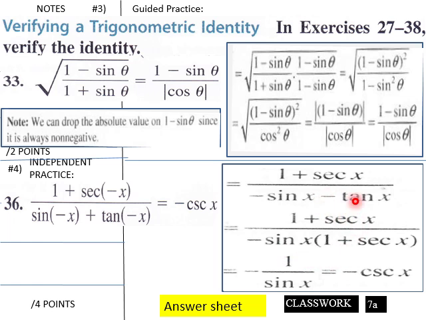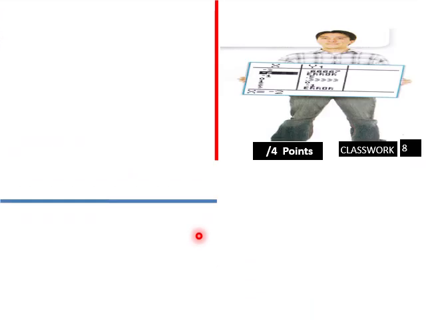When we break that down, it'll become 1 over sine x equals the negative of cosecant x. We go from here to here. 1 plus cosecant x, these will cancel, then this will be 1 over the negative of 1 over sine x.